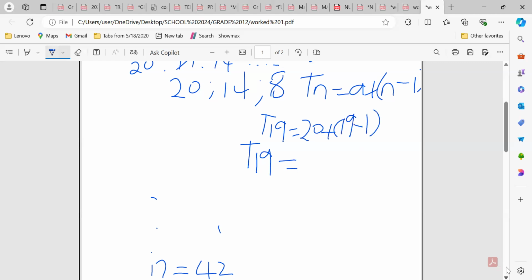The difference is negative 6 in the new sequence. So it's no longer negative 3, because you're taking out all the odd numbers. Yes. So 20 plus 6 times 9. The answer is 22. Positive or negative?